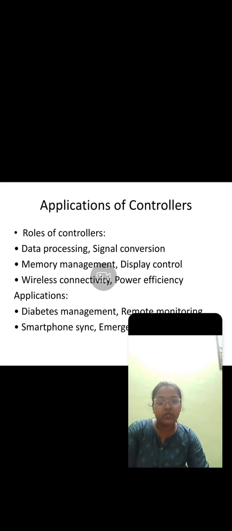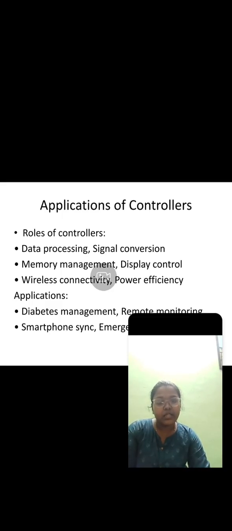Then controlling the display: to publish the result, we have an LCD screen, which is also controlled, so we can see the results on it. And wireless connectivity: we receive the final results in our mobile through this wireless connection, as an SMS. And it is power efficient, it does not consume much power.